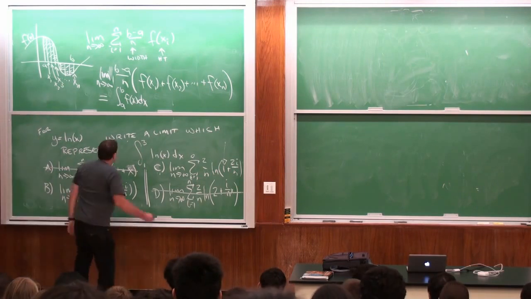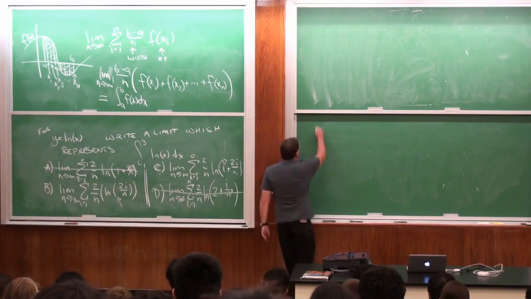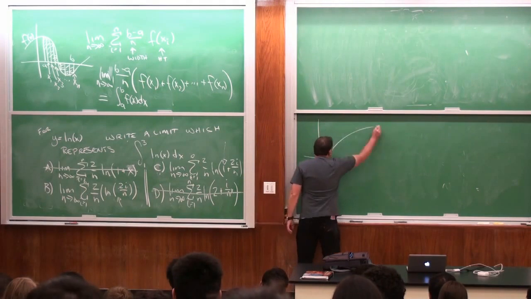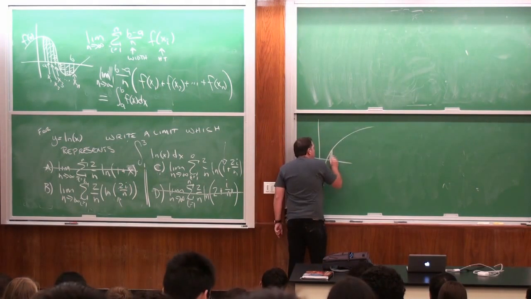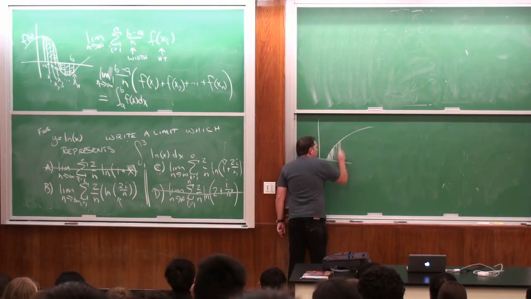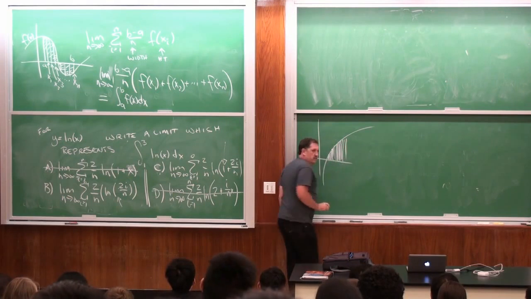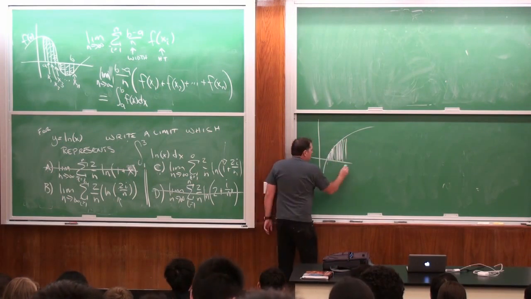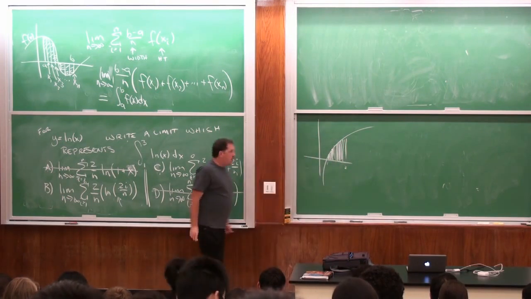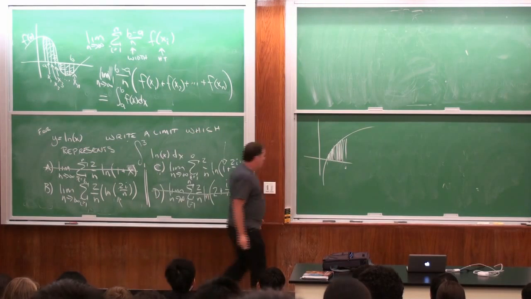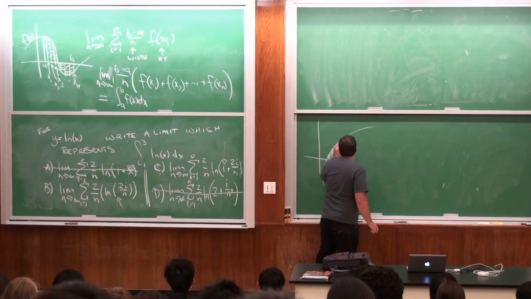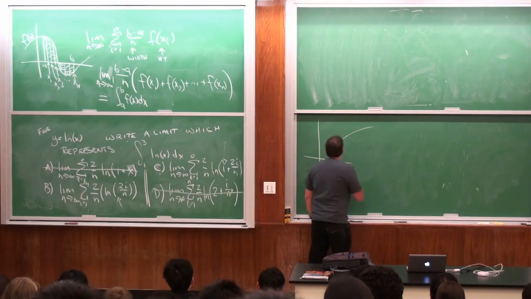So my picture looks like this. And so when n is really large, each of these things is a rectangle from 1 to 3. Let me draw a slightly bigger rectangle.